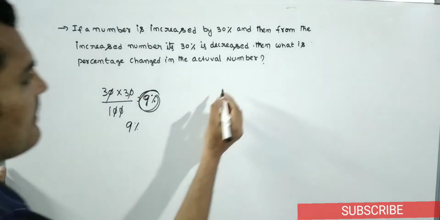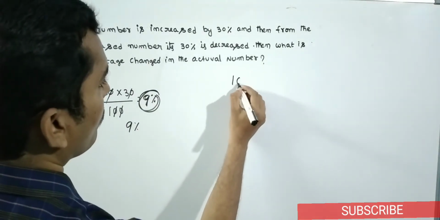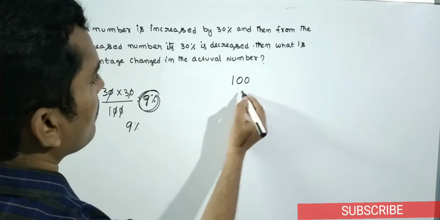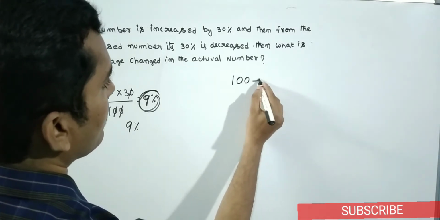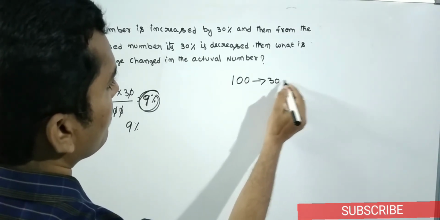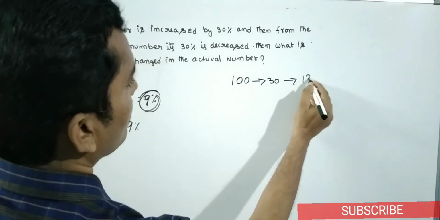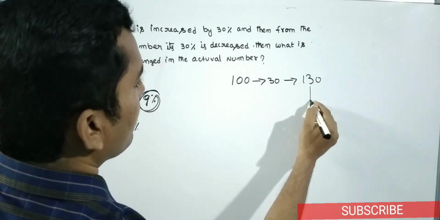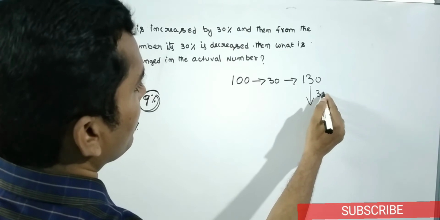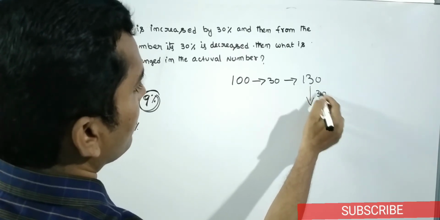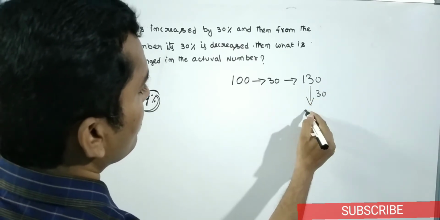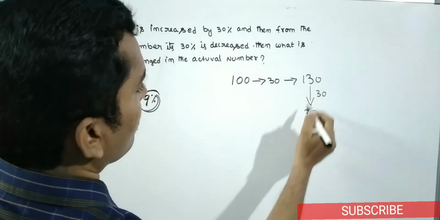I will tell you. Suppose we don't know the number, we assume it as x. First, 30% increased, that means it becomes 130. Again he reduced 30% from here. 30 percent of 130 is 39.